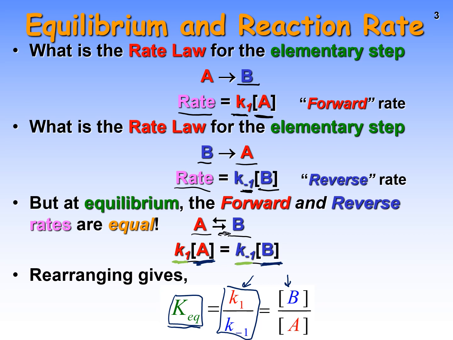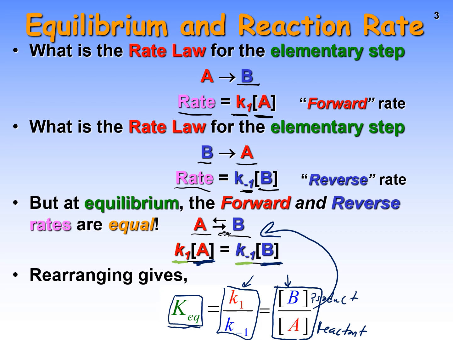Or it's defined as the concentrations of the products divided by the reactants. Remember, if we look at our reaction over here, B is a product and A is a reactant. So it can also be defined in terms of concentration.